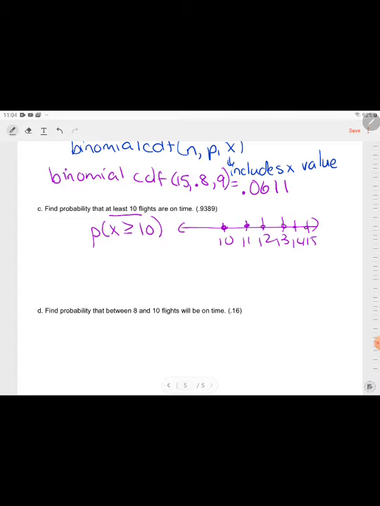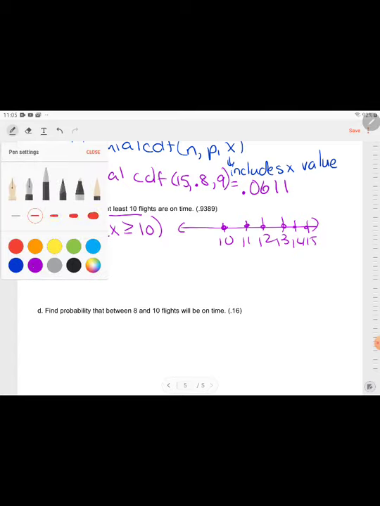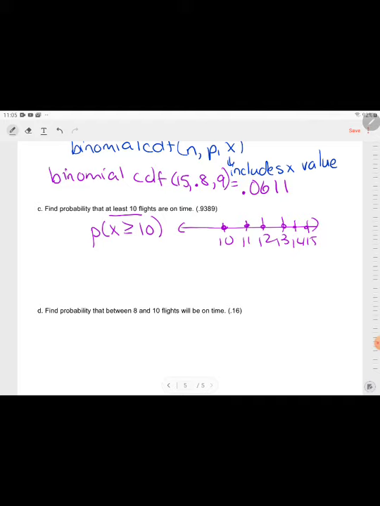So you could do them independently, or the calculator is going to give us this value here. So if I'm going to include the 9, the calculator gives me to the left. So if I want to go right, I'm going to do 1 minus binomial CDF of NPX.